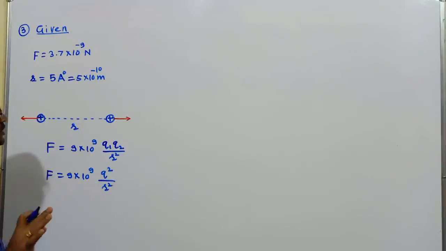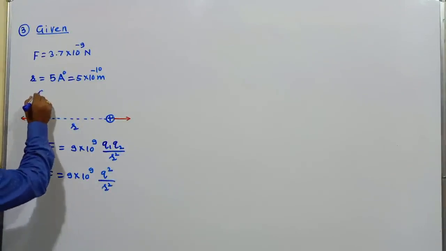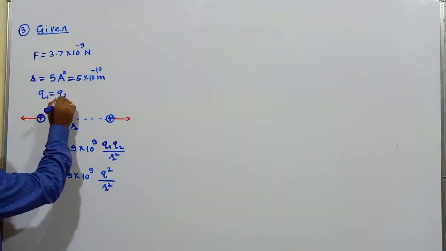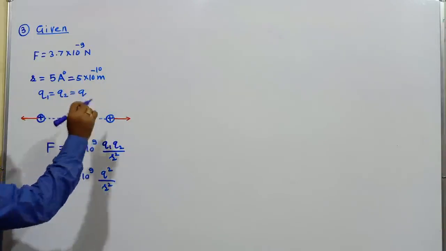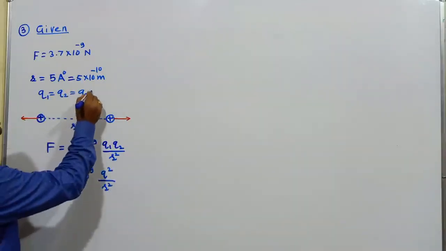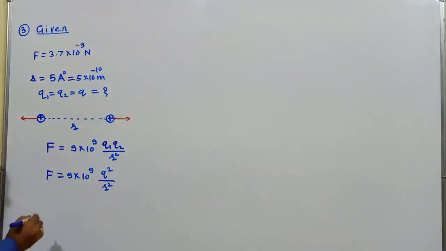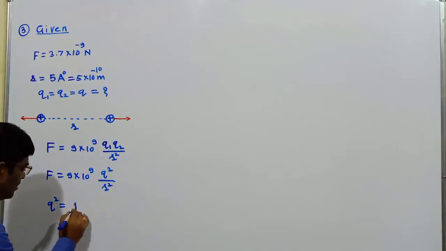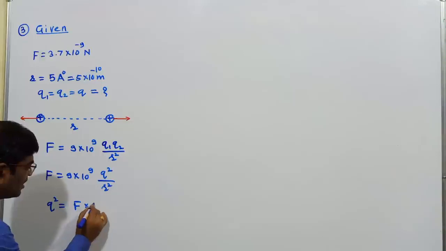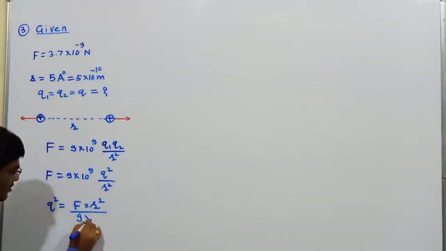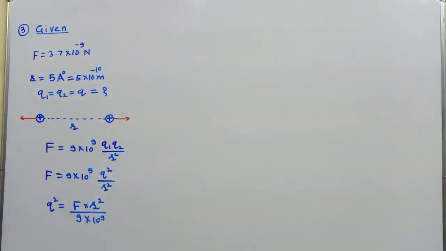I am supposed to get the charge on each ion, and as mentioned there, the charge on both of them is equal. So if I rearrange this, I would get Q square equals F into R square divided by 9 into 10 to the power 9.